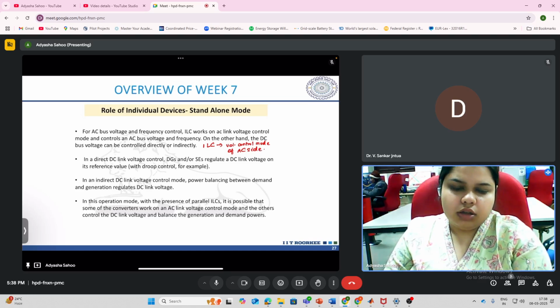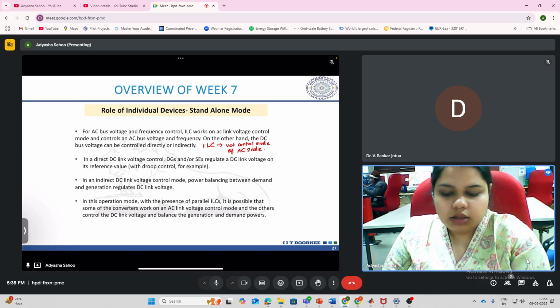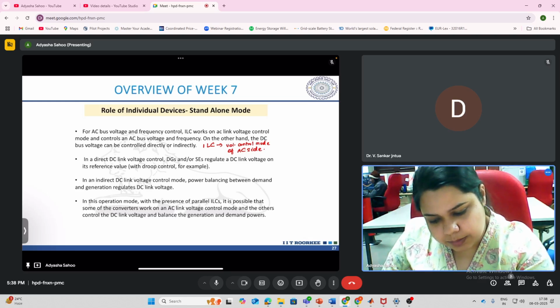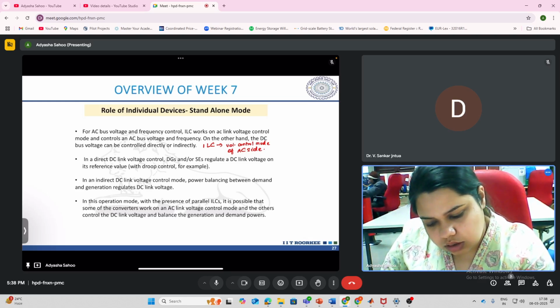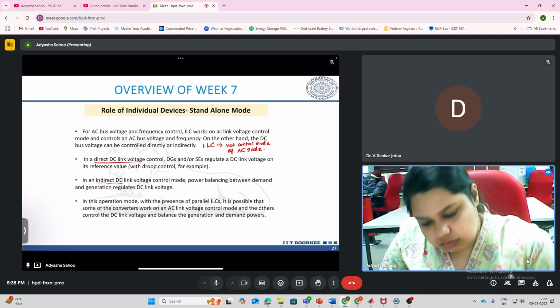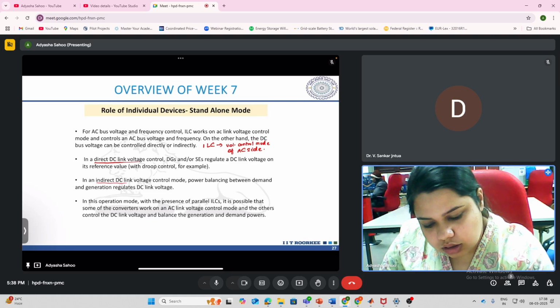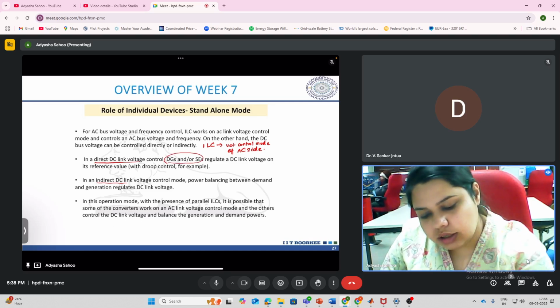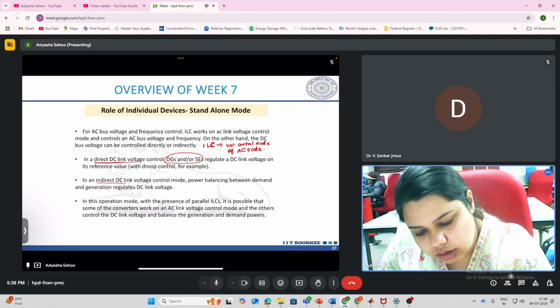And controlling the AC side means that the other side will also be indirectly controlled by the ILC. This can again be divided into direct DC link voltage mode or indirect DC link voltage control mode. In the direct voltage control mode, the DGs and the storage detect the voltage of the DC link.